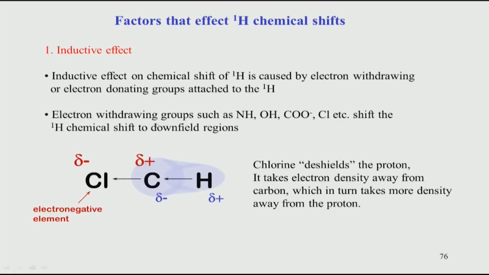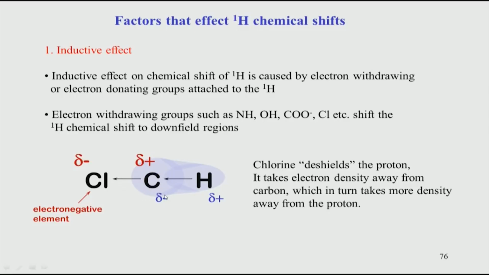So, what is an inductive effect? The inductive effect is a very simple concept. Suppose you have an electronegative atom such as chlorine, oxygen, or nitrogen. These electronegative atoms draw the electron cloud towards themselves if they are attached to a more electropositive atom.